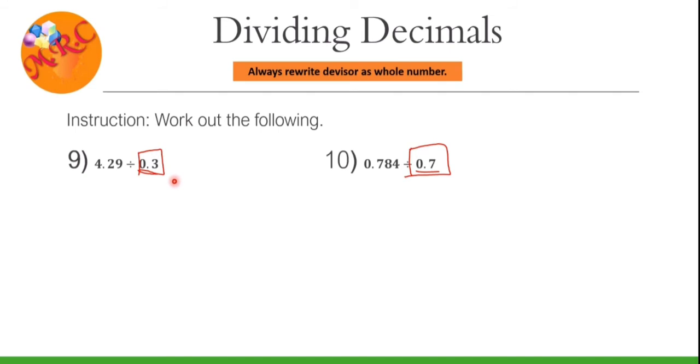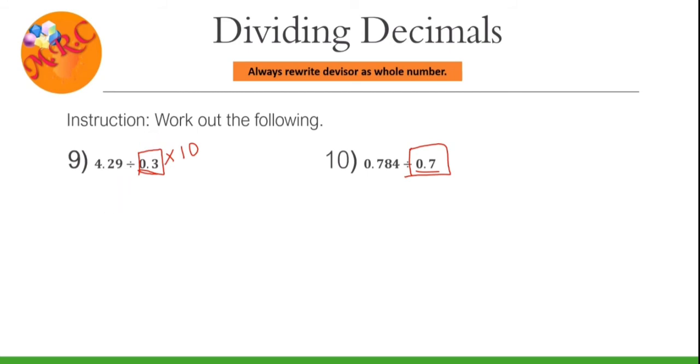Which one? I'm going to use 10 because it only has one digit after the decimal point. So I multiply by 10. But if I multiply here by 10, I need to multiply here by 10 also. If you multiply here by 100, you're going to multiply the dividend by 100 as well.